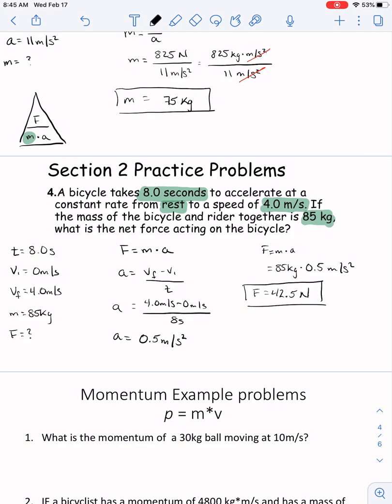That last example problem is one where, as we get further into physics, we know how to solve for more and more variables, and this is why you need to list out your variables from the problem to see which equations we can use.